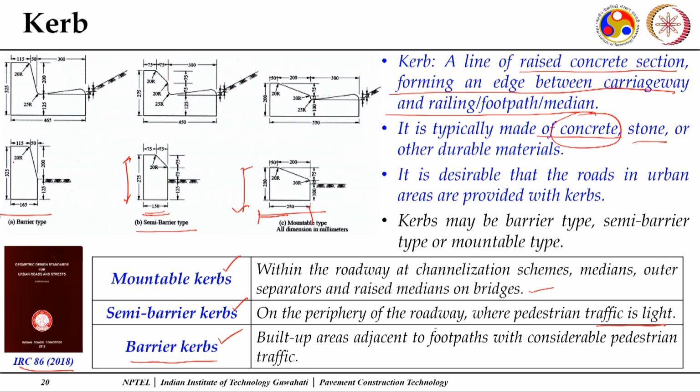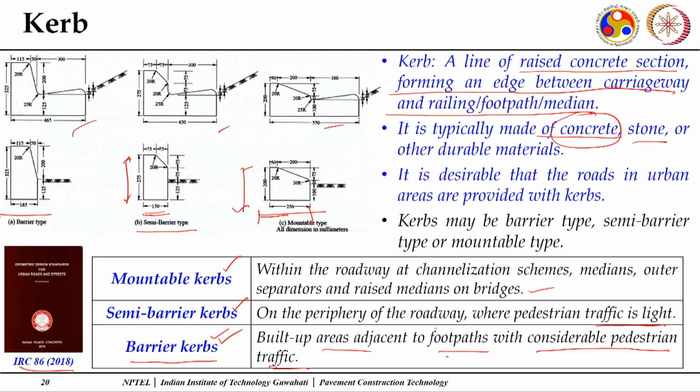Here the height is 325, so there is no chance any vehicle can climb over it and move to the other side, except in exceptional cases. It is a barrier type. In built-up areas adjacent to footpaths with considerable pedestrian traffic, we give these barrier curbs. So these are different designs, and a few more designs have been mentioned here.